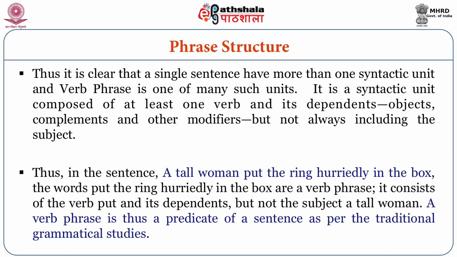Thus, in the sentence, a tall woman put the ring hurriedly in the box, the words put the ring hurriedly in the box are a verb phrase. It consists of the verb put and its dependents, but not the subject, a tall woman. A verb phrase is thus a predicate of a sentence as per the traditional grammatical studies.